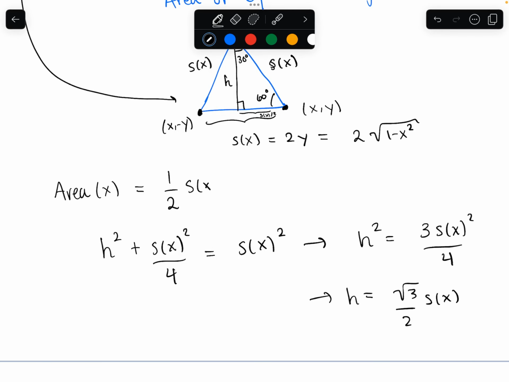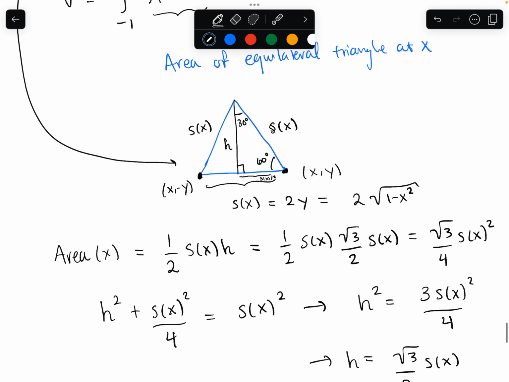s of x squared. So to just jump from here, in case you forgot, the area of an equilateral triangle with side length s is just root 3 over 4 times the side length squared.